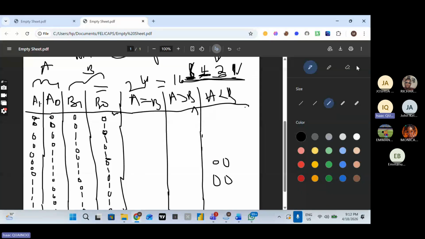All right, so 0, 0 is equal to 0, 0, so we put our 1. And we know that for a magnitude comparator, once you're able to get a high, everything else is 0. Then 0, 0 is less than 0, 1, so we put a 1 at less and everything else takes 0.